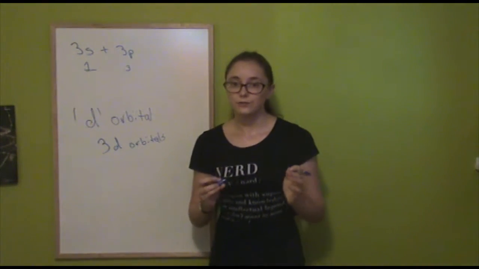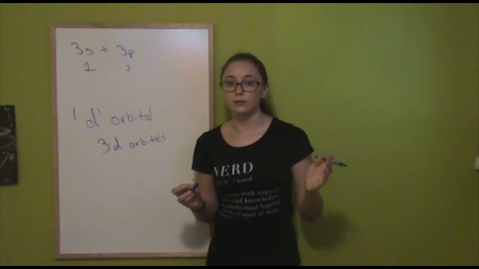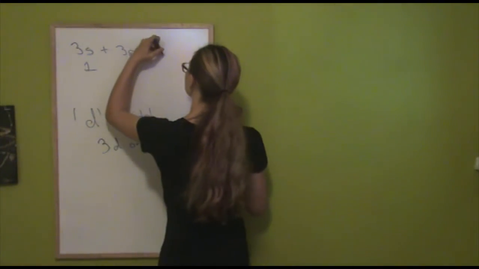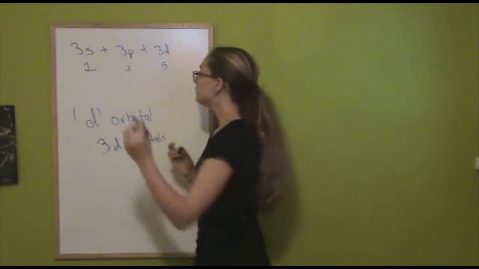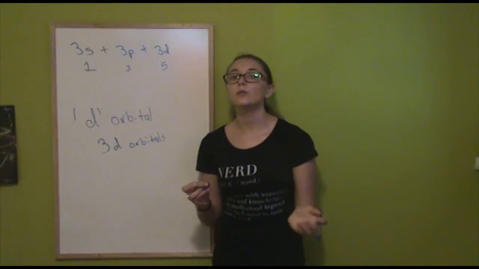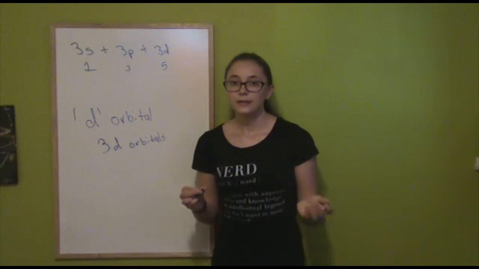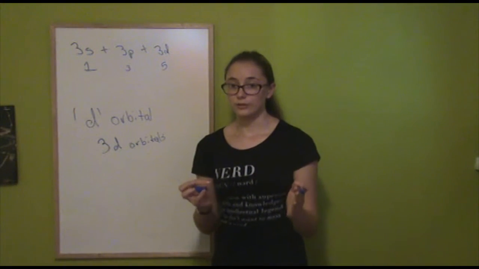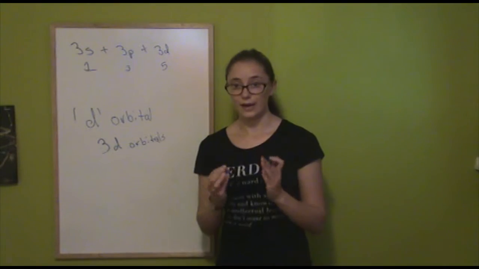And finally, we have our 5 new d orbitals, and those are called 3d orbitals as we established before. So adding together the numbers at the bottom, we calculate that there are a total of 9 orbitals on the third energy level, and that means that there is a maximum possibility of 18 electrons to be held on the third energy level of an atom.